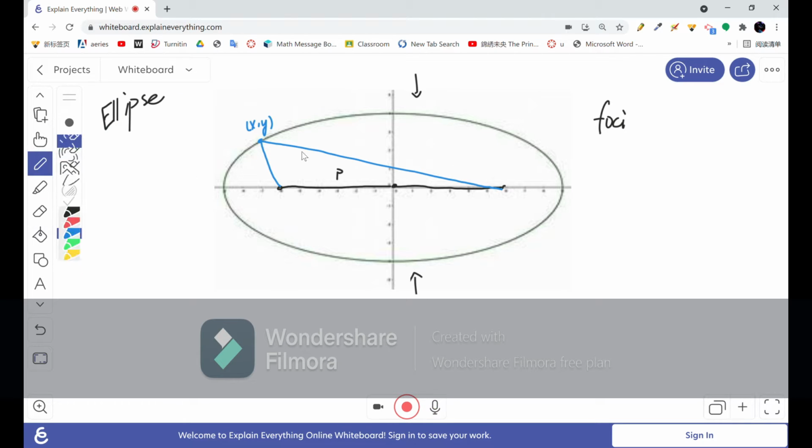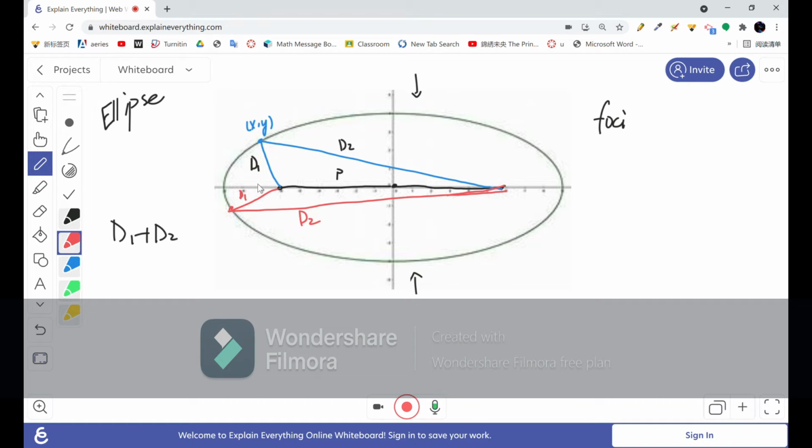Let's call this d1 and this d2. The quantity d1 plus d2, the sum of the distances from a point on the ellipse to the two focus points, is always going to be equal. No matter which point we choose, say here, d1 is this and d2 is this, and their sum is always constant.